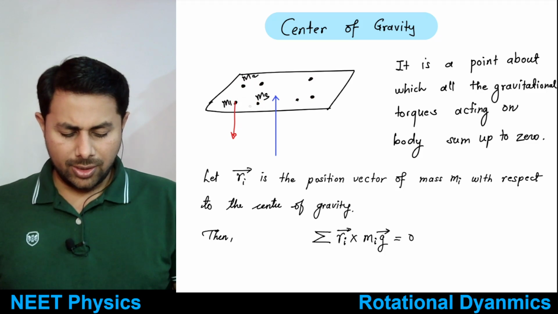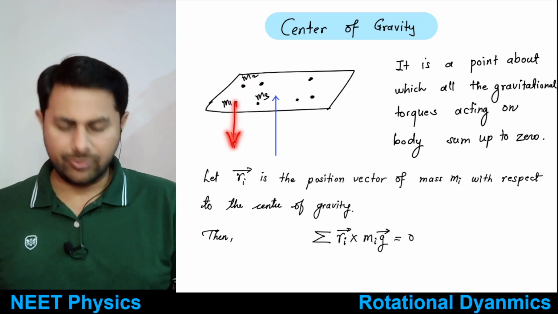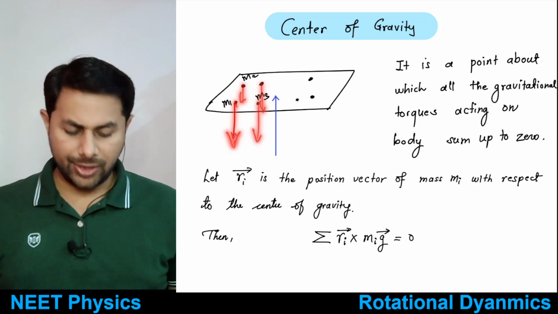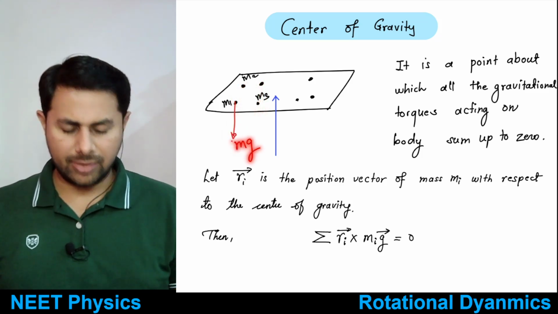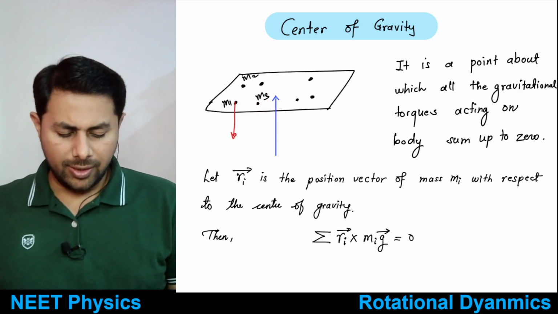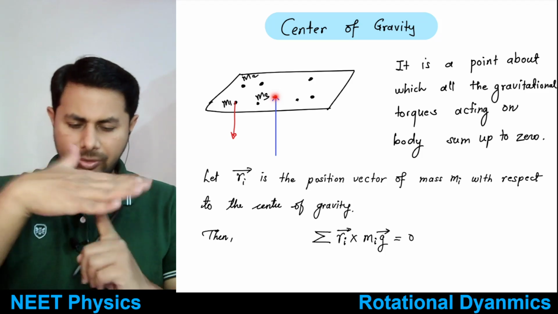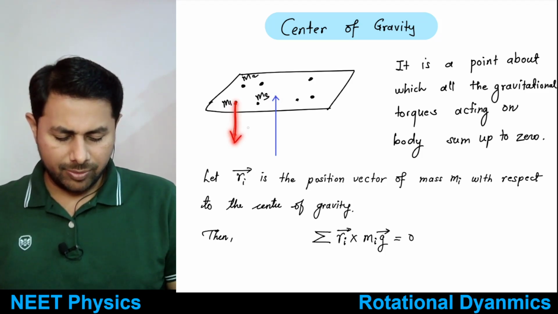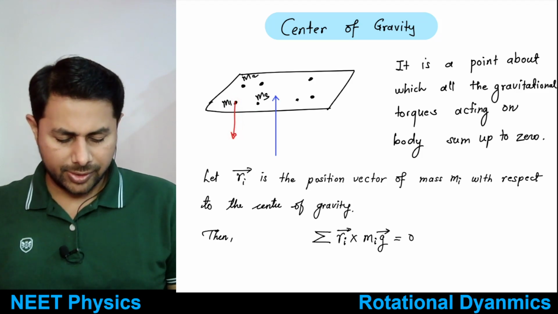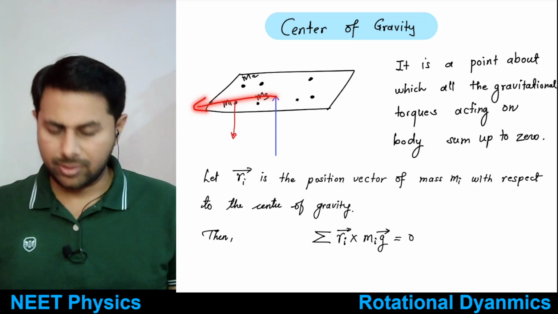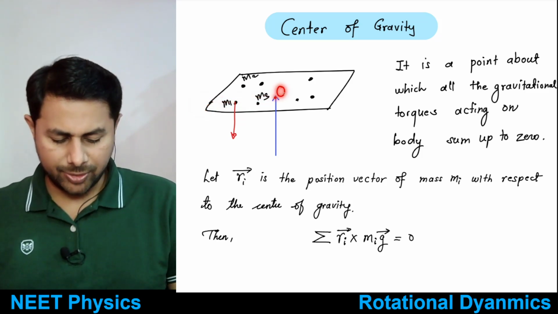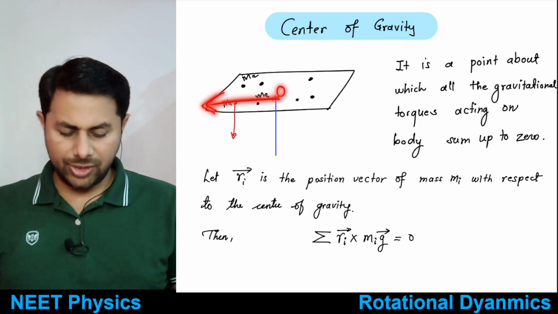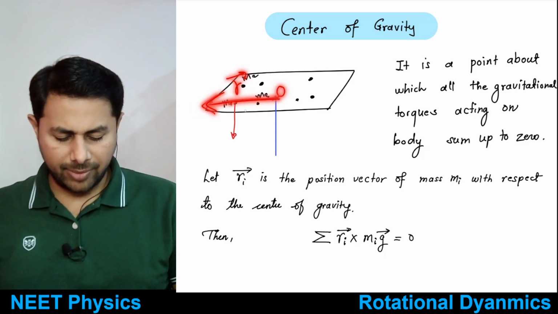There is some gravitational force acting downward on each mass, equal to mg. Now you have pivoted the body about this point, so there would be some torque due to this gravitational force. Suppose this is the origin, draw the position vector like this. So the torque is r bar cross F bar.